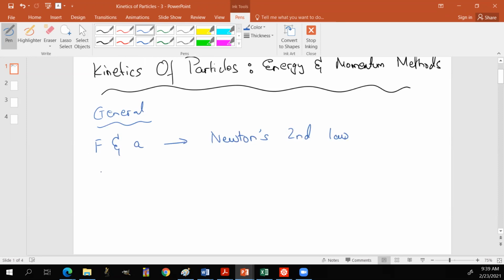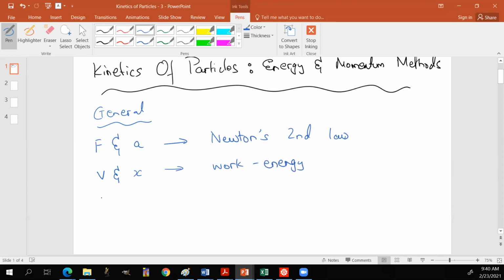When you're looking at velocity and position, we know that we can solve this using kinematics, but an easier way to do it, as we're going to start setting up today, is looking at work and energy.